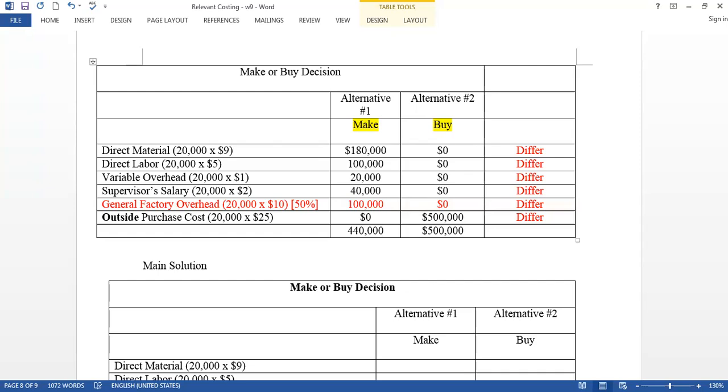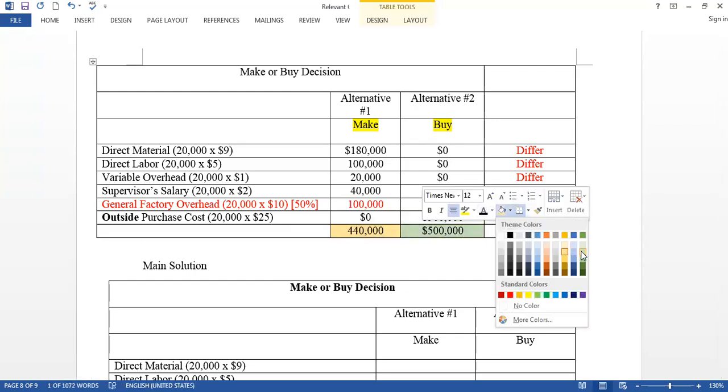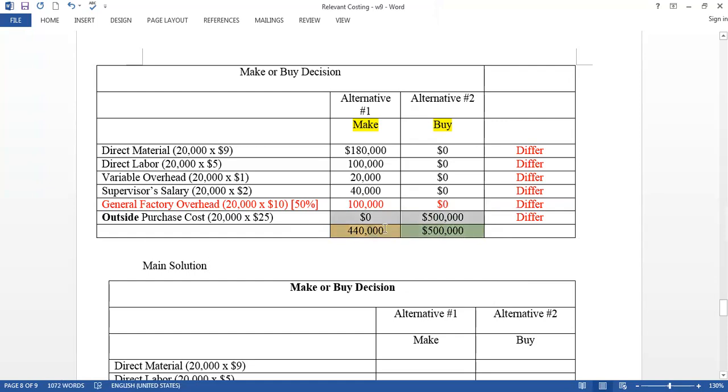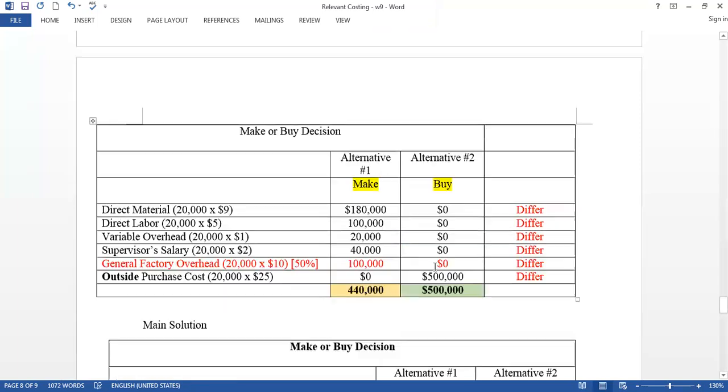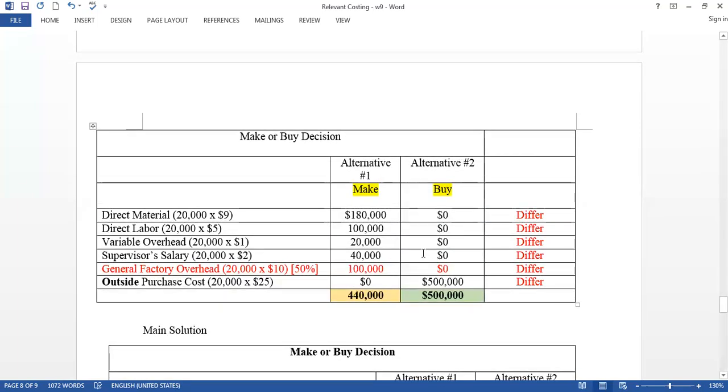So if you make, your cost is $440,000, but if you buy it, your cost is actually higher, right? Now, which decision are you going to follow? Make, yes, something like this. So this is the main concept for this chapter actually.